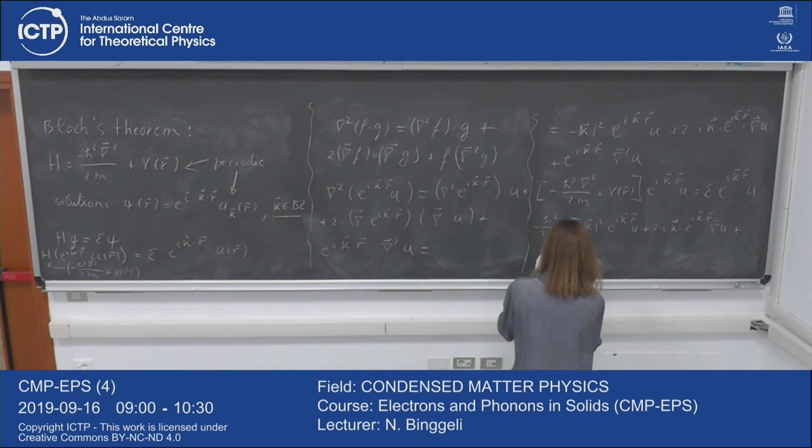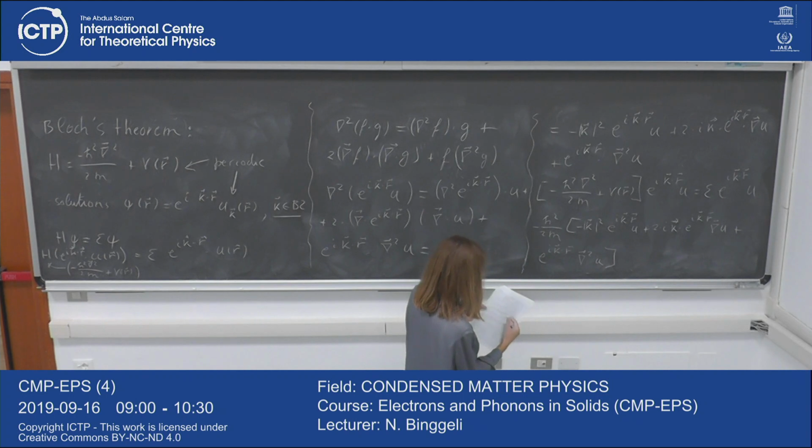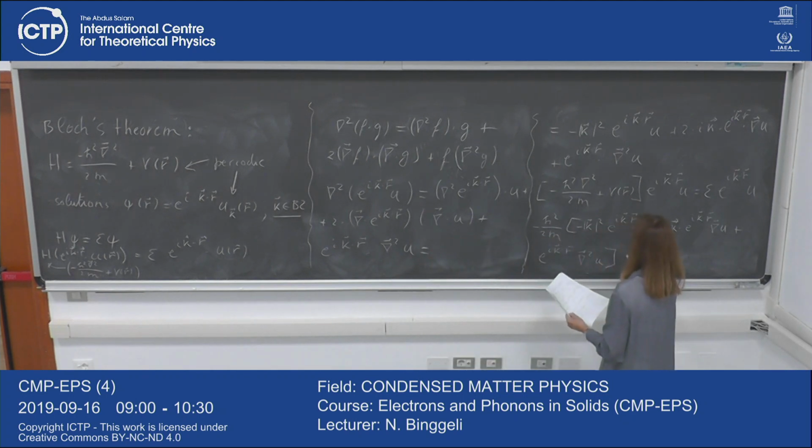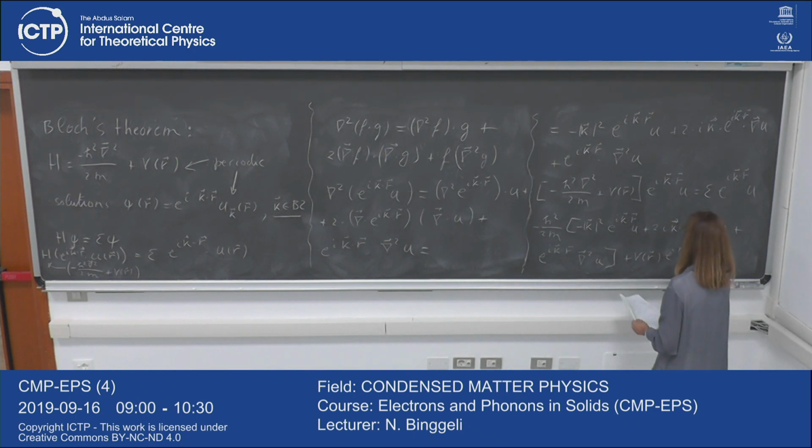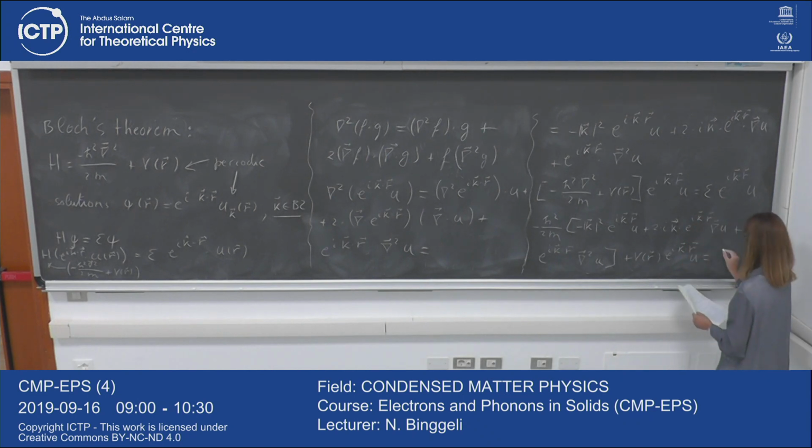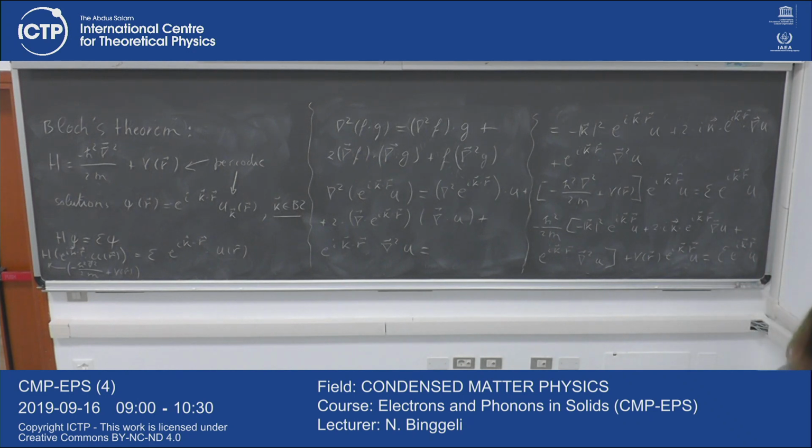So this is the first term. Then I have my v of r, exponential I k r u is equal to epsilon e I k r. Okay?